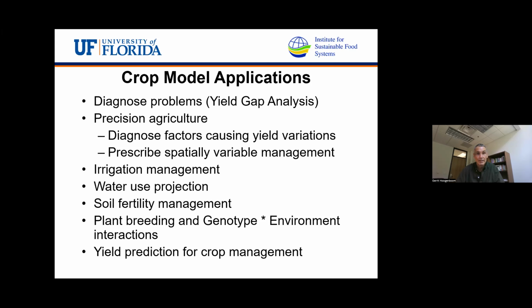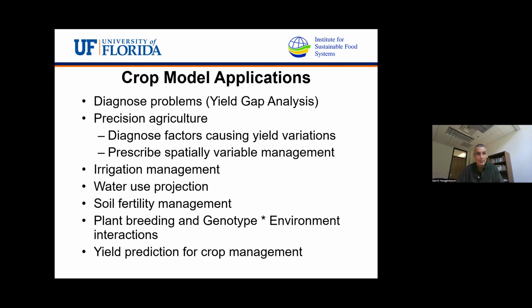We can then extend that to precision agriculture, where we can look at yield variability even within a field, and also try to understand why we have yield differences, and then use that information for prescription recommendations, again using these crop simulation models, assuming that you have accurate information available across space for particular fields.